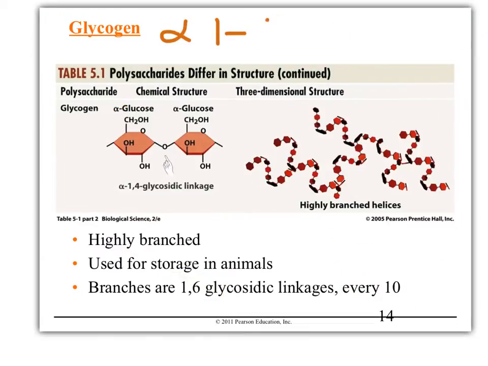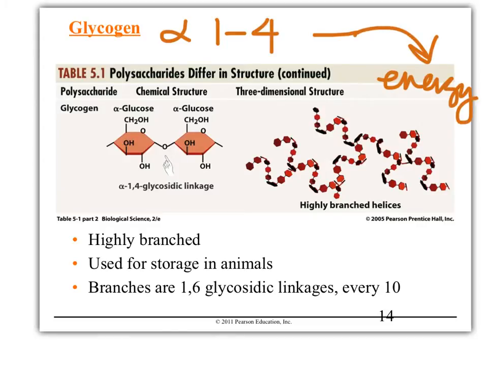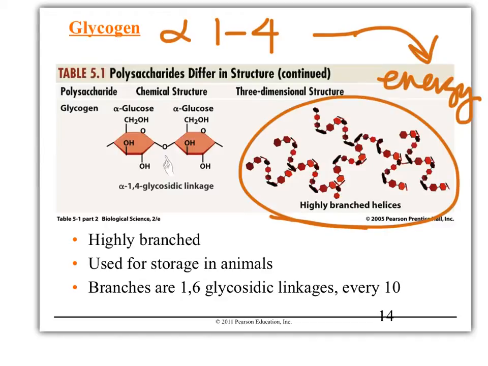Glycogen, alpha 1,4, yes, because we can break it down to give us energy. This is what our muscles do. We use glycogen to generate ATP through glycolysis. It's highly branched. Now, the only way I'd ask you to determine which is starch and which is glycogen is if I showed you two pictures and whichever one had more highly branched would be glycogen. Otherwise, they're exactly the same thing. Alpha 1,4 glycosidic linkage, right?